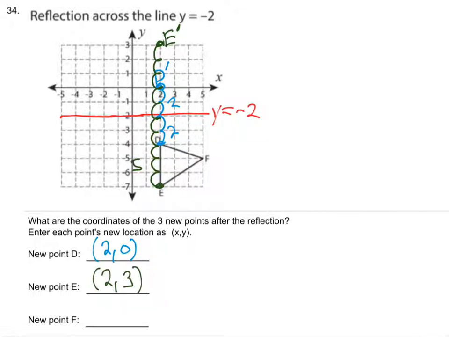Finally, we have the F. Going alphabetical here. So it's 1, 2, 3 to the line, 1, 2, 3 to the other side. Right there. What's the coordinates of that point? Looks like over 5 up 1. So we could connect those 3 together.